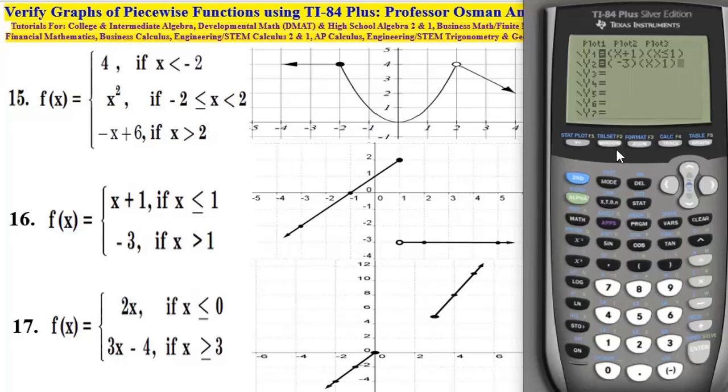We'll adjust the window from minus 5 to 5, and the y values from minus 4 to 3.